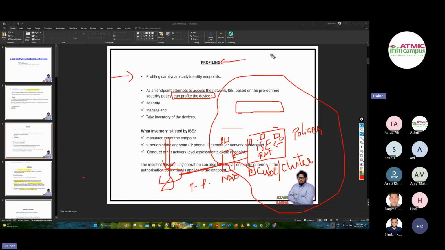Profiling is identifying the device, or I should say endpoint. So the word device is device slash endpoint.